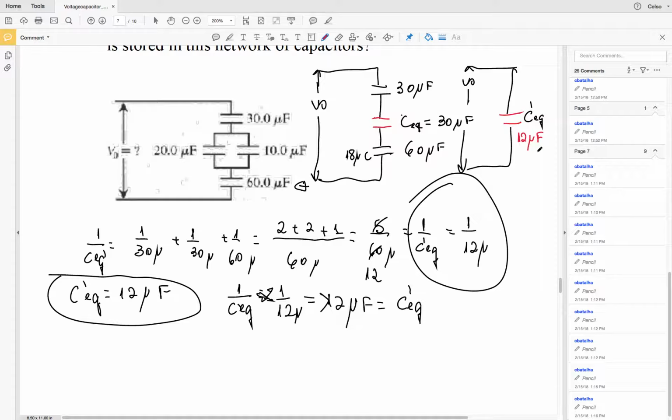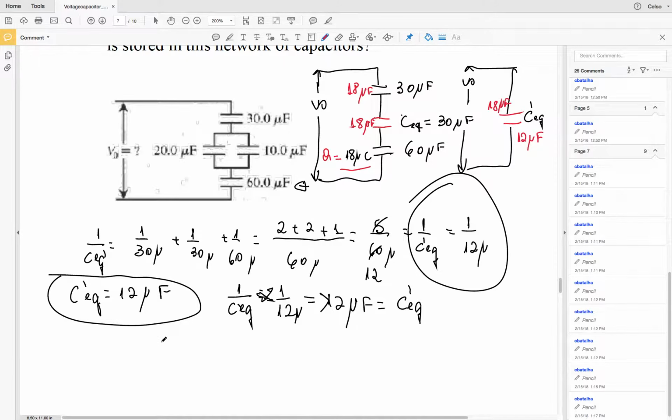Got it? So basically, if this is 18 microcoulomb charge, this is also 18 microcoulomb charge, this is also 18 microcoulomb charge, and this is also 18 microcoulomb charge. Are we all there? Can we find V naught now?